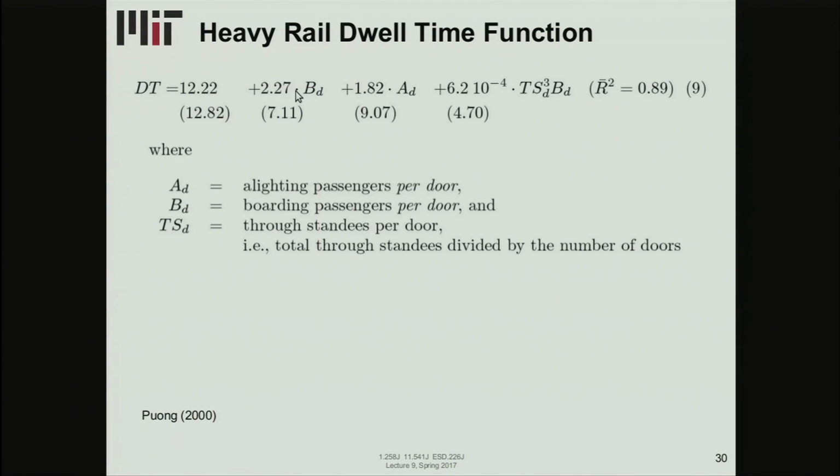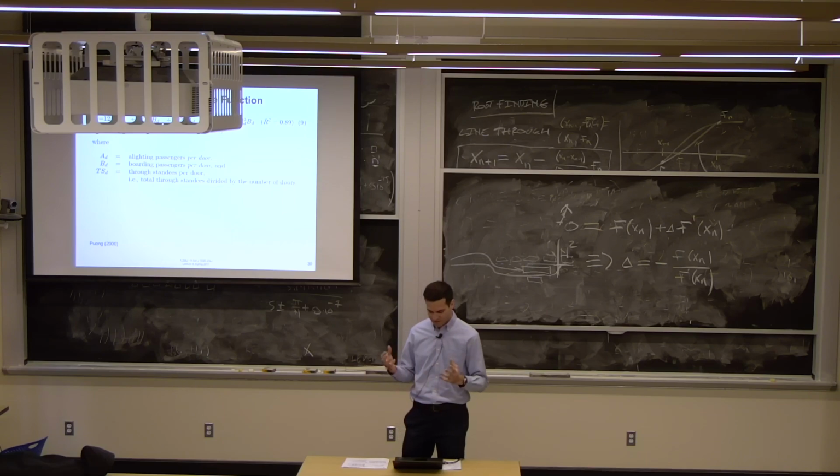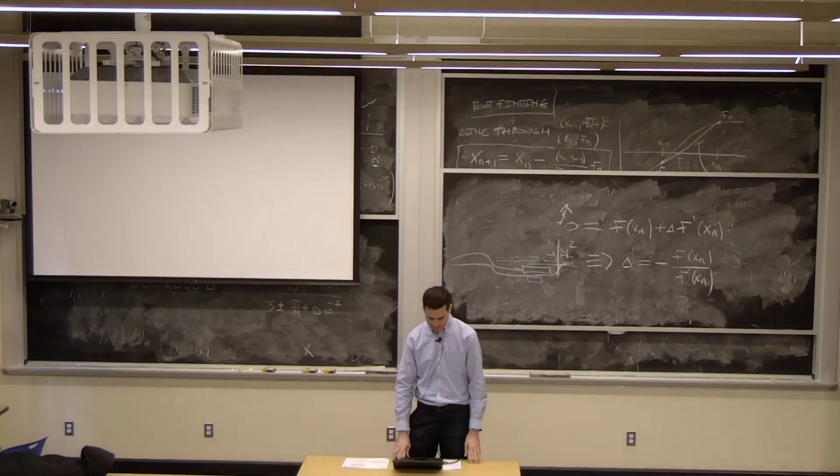We have the number of people boarding per door, the number of people alighting per door. In this case, we add them up because people alight first and then board. And then we have some friction factor. How that friction factor is calculated has been different in every model, but they all have a friction factor. So these are all services that, at least at times, are quite crowded. So that was important and significant.